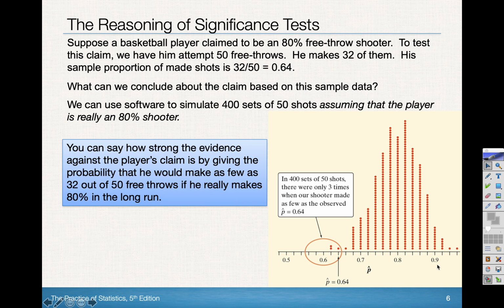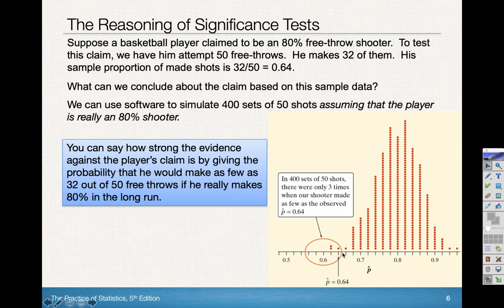What we created was the beginning of a sampling distribution with sample size of 50. Okay, we use a simulation to create the beginnings of a sampling distribution. So because I have 400 samples of size 50, if I was really an 80% free throw shooter, this would be approximately my distribution.